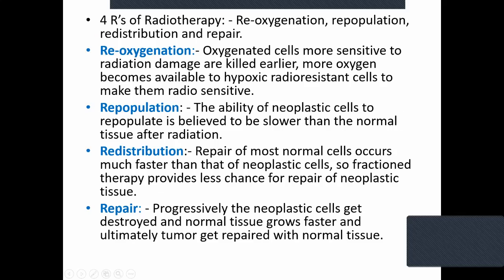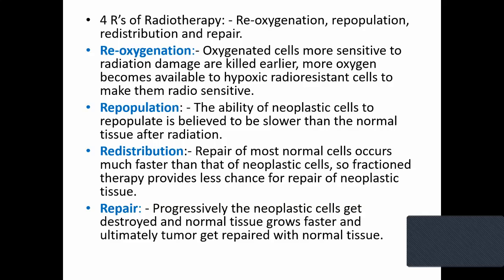Reoxygenation means, as we know, radiation is more efficient in damaging oxygenated cells as compared to less oxygenated cells. And as we know, the tumor is highly vascularized and has highly oxygenated cells. That's why radiation is more effective in damaging the tumorous cells as compared to the periphery of the normal cells.